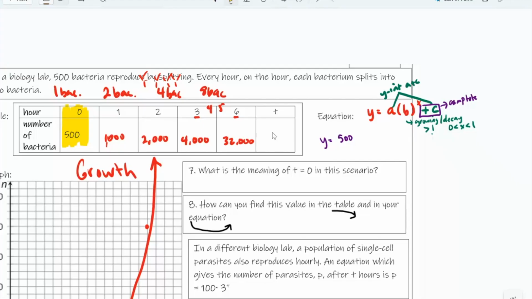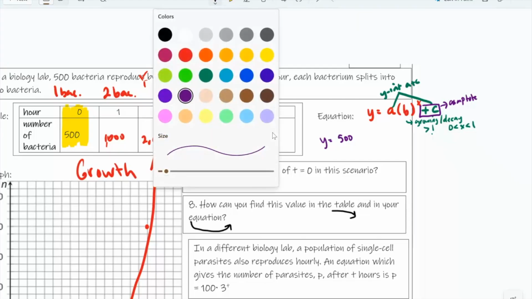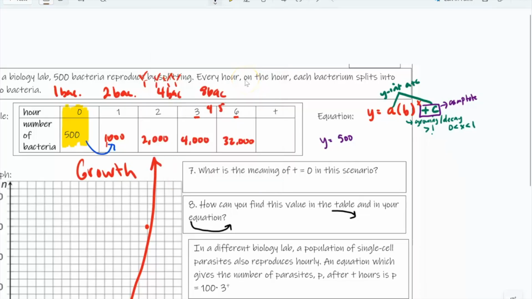How is it growing? So that means you're looking at by factor, by multiplication, how am I changing every single time? So how do I go from 500 to 1,000? I multiply by 2. How do I go from 1,000 to 2,000? I multiply by 2. So each time I am multiplying by 2. So my growth is 2. And then x is, and I forget to write this one all the time, that is time.